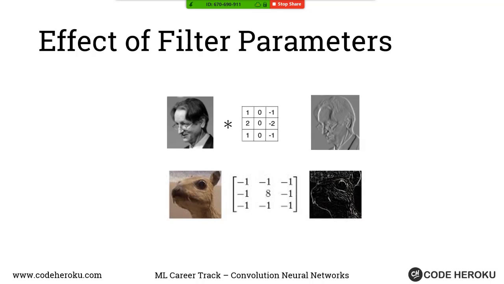And now people realized that, rather than hard coding these numbers, it was much better if we could let the computer learn these parameters by itself, just like we are training the other weights of the network. We could now use the backpropagation algorithm and learn the parameters for these filters as well.